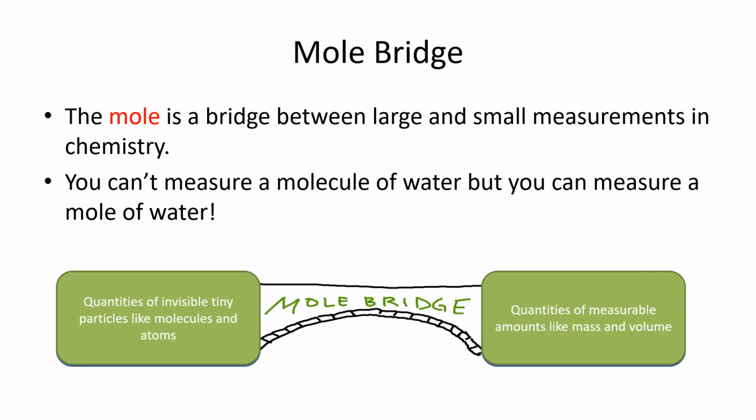So we're going to use the mole to help us to understand really tiny things like particles in a compound or in a chemical reaction, and we're going to change that into measurable quantities that we can also follow in the lab, or we can use our measurements and use it to determine the amounts in a chemical reaction or the quantities in a compound. So that's where we're going with this, and so the mole is super useful for all that.